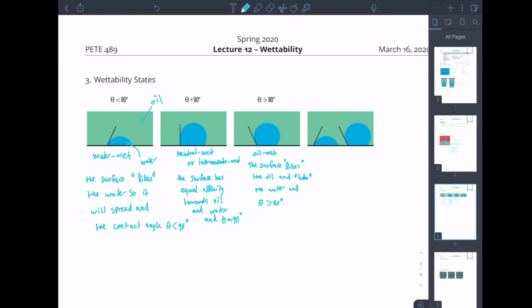And then the final state that we have can be referred to by two different names: mixed wet or fractional wet.